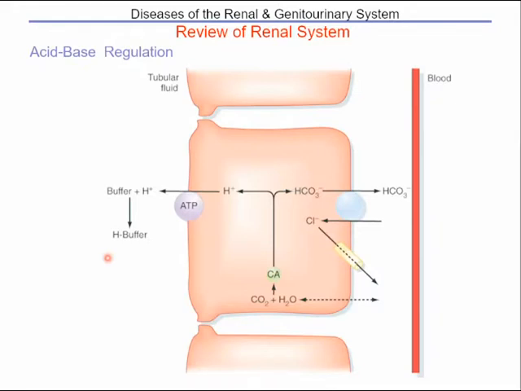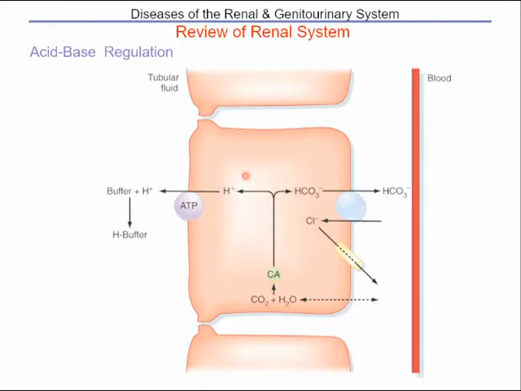Also, there is what is called a mechanism for the generation of new bicarbonate through the titration of urinary buffers like your titratable acids. So when the body is eliminating hydrogen ion, your bicarbonate can be depleted in the buffer because it tries to neutralize the hydrogen ion load in the body.